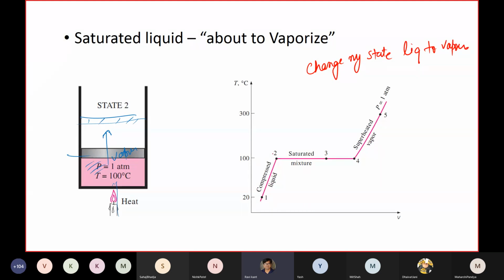After 100 degrees, whatever heat you add from the candle, you will notice that even though the specific volume starts to increase and the piston starts to expand, your temperature is fixed, so it's constant. Why is this happening? Because it undergoes phase change.